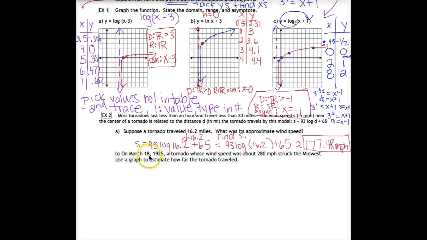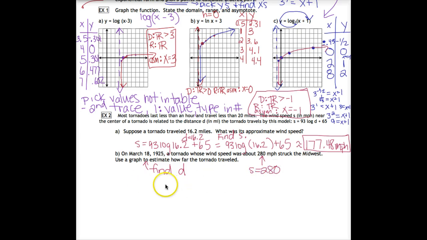Then it says, on March 18th, 1925, a tornado whose wind speed was about 280 miles per hour struck the Midwest. Use a graph to estimate how far the tornado traveled. So we're trying to find d, how far it traveled, and we're told that S is 280.